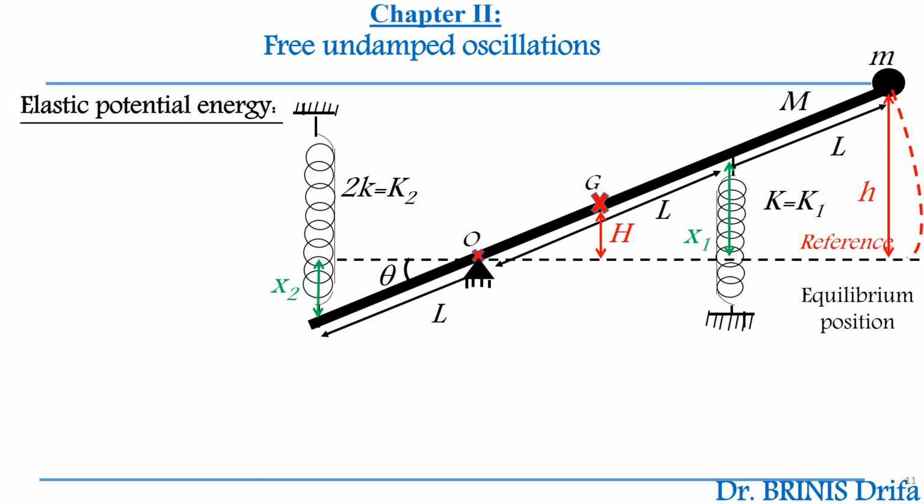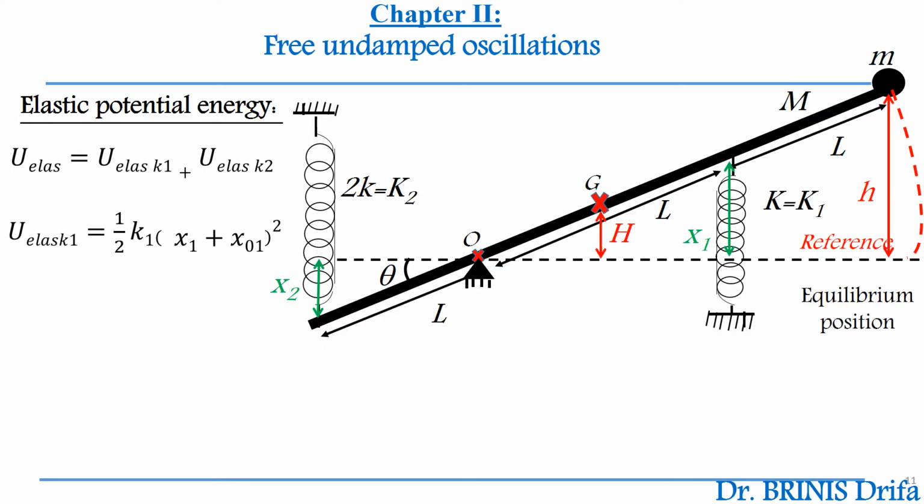Now the elastic potential energy is about the springs. We have two springs, so two elastic potential energies. Okay, for the first spring we have half k1 (x1 plus x01) squared, and you see in the picture that the spring k1 is stretched, elongated.